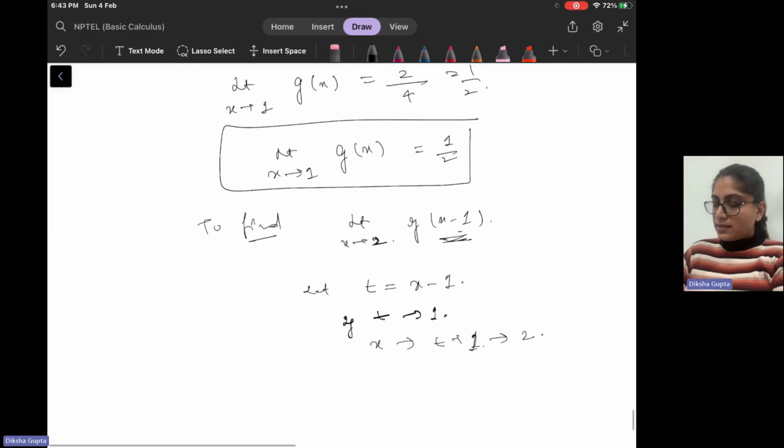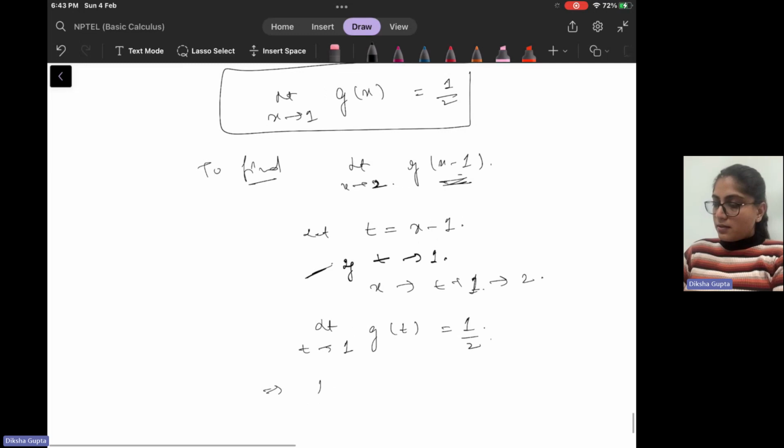So what information do we have? We already know the information about the limit of g at the point 1. So we say that limit t tending to 1 of g(t) equals 1 by 2. So this implies t was x minus 1, t is x minus 1 tends to 1, g of x minus 1 is 1 by 2.